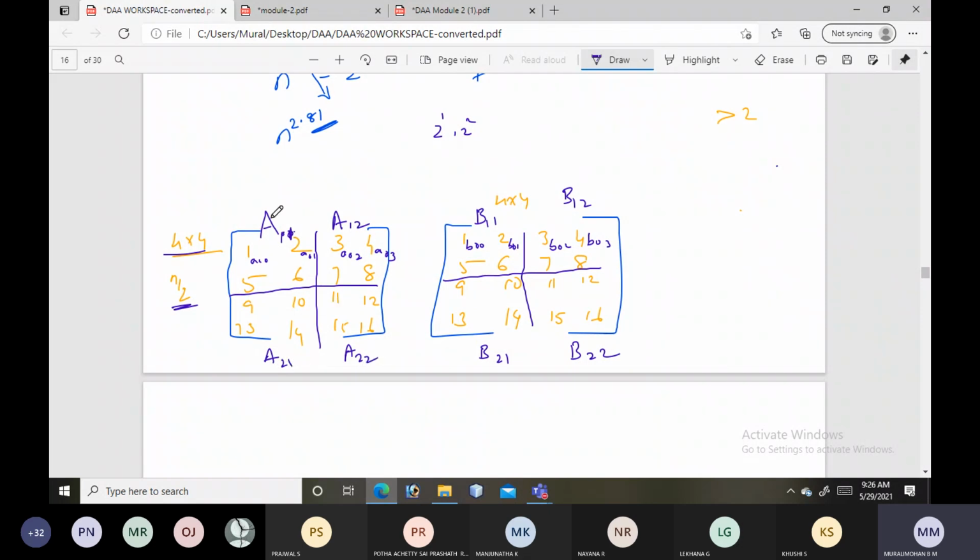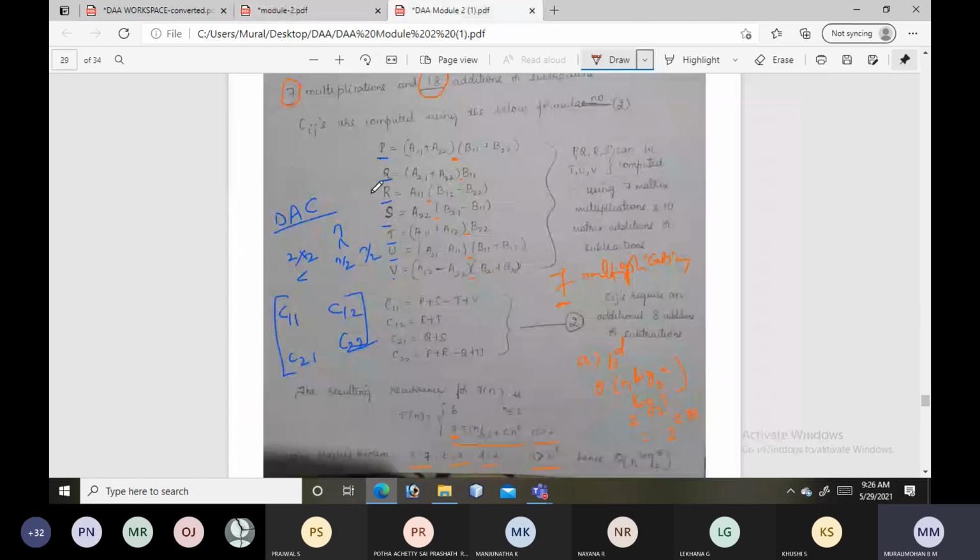So what is the formula it is saying? P is A11 plus A22 into B11 plus B22.